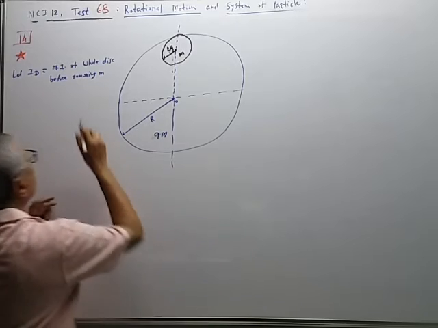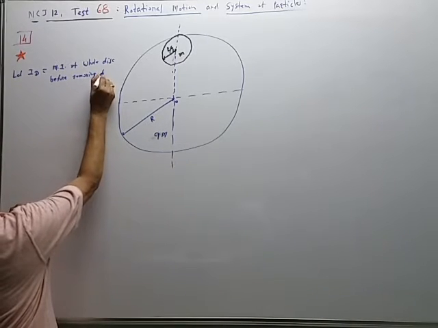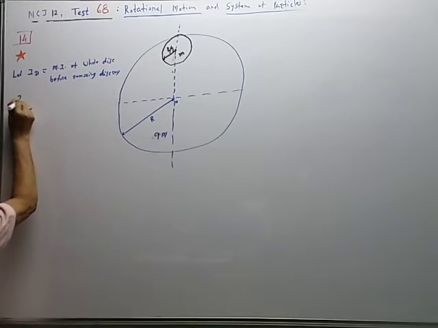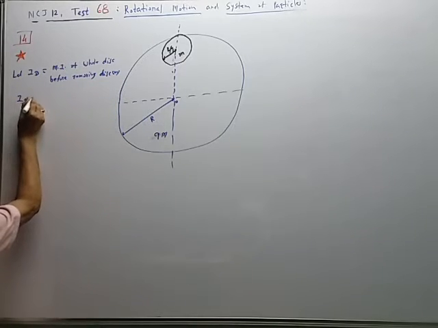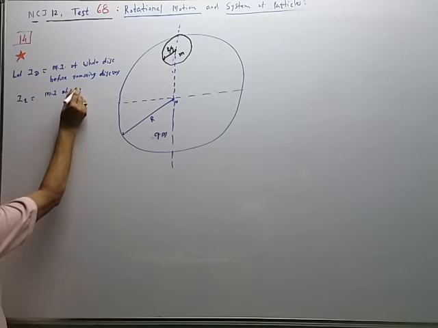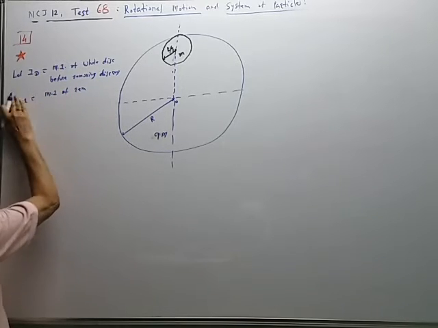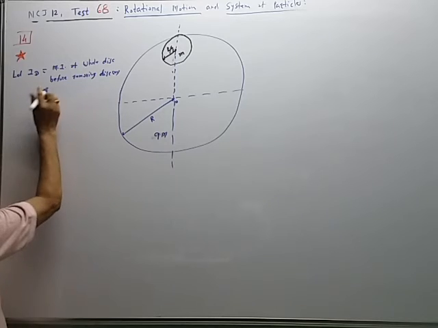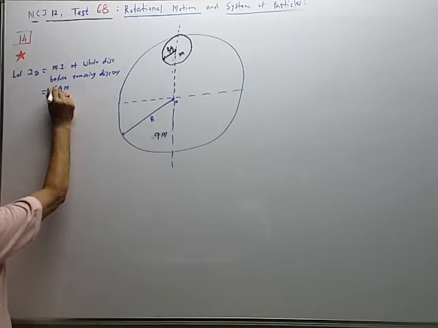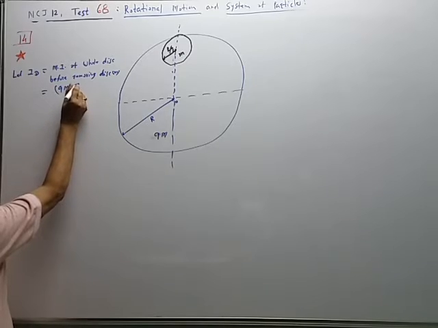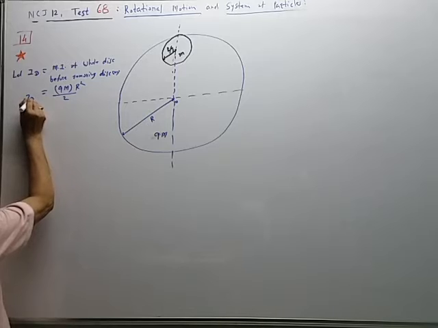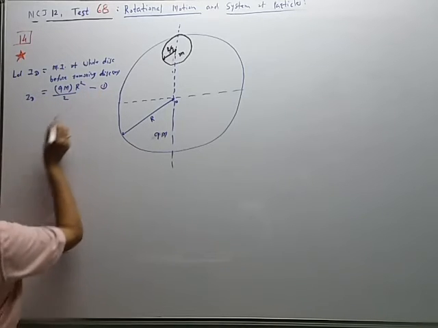Before removing the disc, ID is equal to the moment of inertia of this full disc, which is 9 times M into R square by 2.